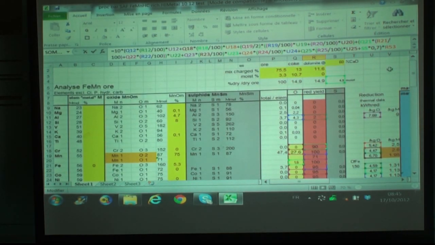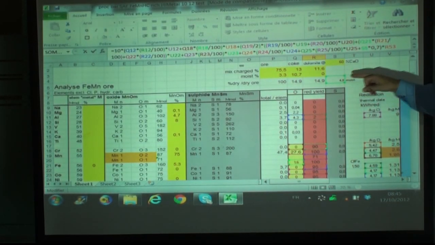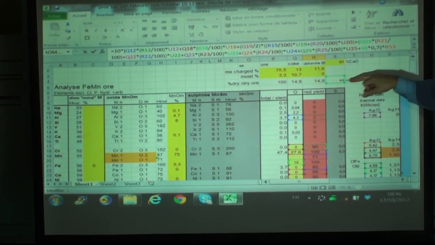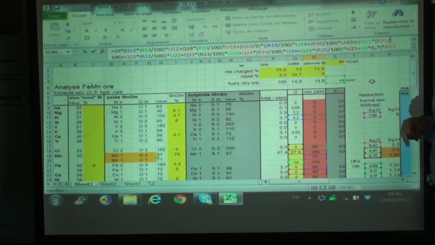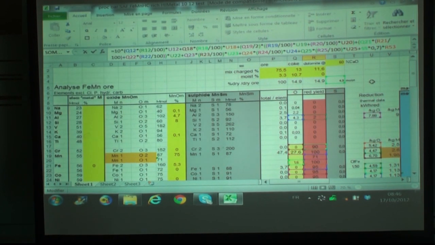But this is very small, but anyway, the average moisture is this, and so we say the amount of vapor, the amount of water vaporized is the amount of ore times the moisture times the factor 0.7. 0.7 is again an approximate value.